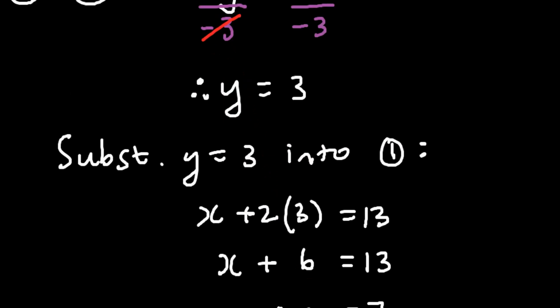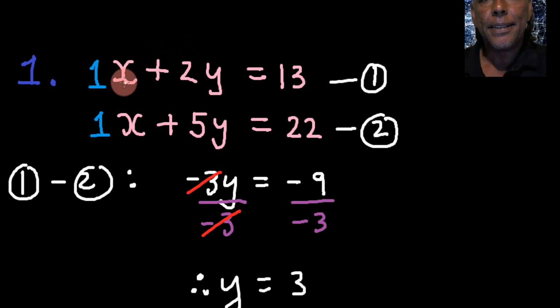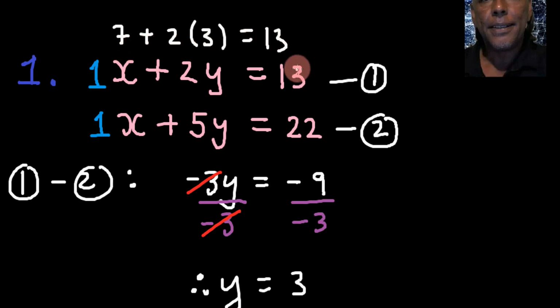Now, very important when solving simultaneous equations, we always plug it back into the original equations to see whether the answers work. So let's plug x and y back into equation 1. We saw that x was 7 and y was 3, and 7 plus 6 will give us 13, in other words, the right-hand side.